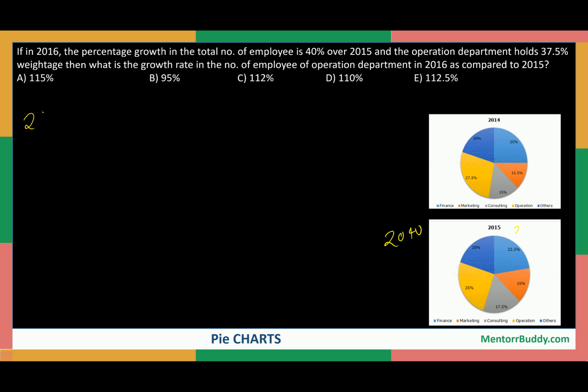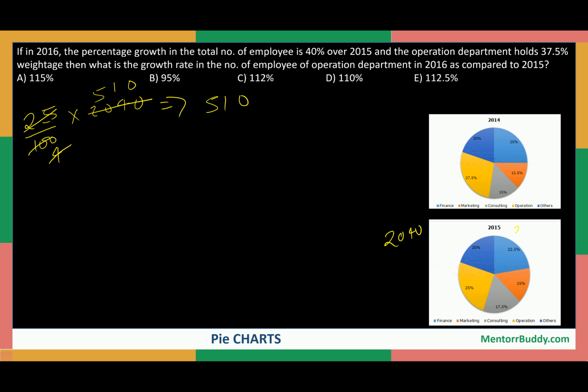This is 25 upon 100 multiplied by 2040. This will come out to be 1 by 4, so this is coming out as 510 employees in 2015.